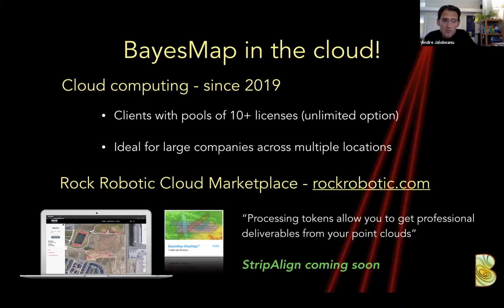As they say on their website, processing tokens allow you to get professional deliverables from your point clouds, and one of the deliverables is actually StripAlign. You click, and then you get your data aligned for you, and you just pay for that particular job. That's coming soon, a little bit later this year.